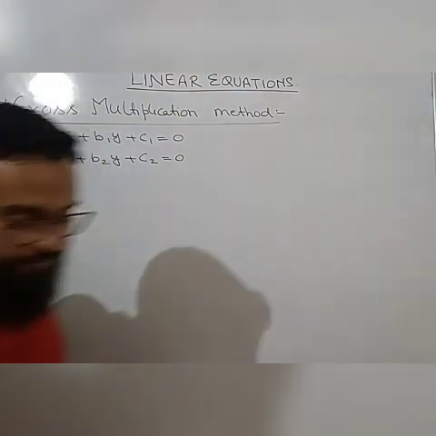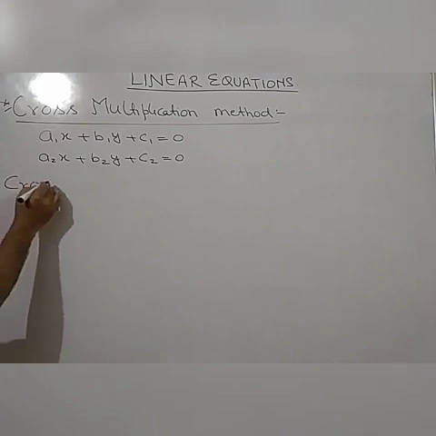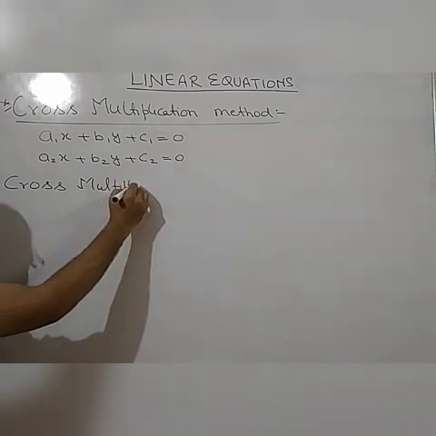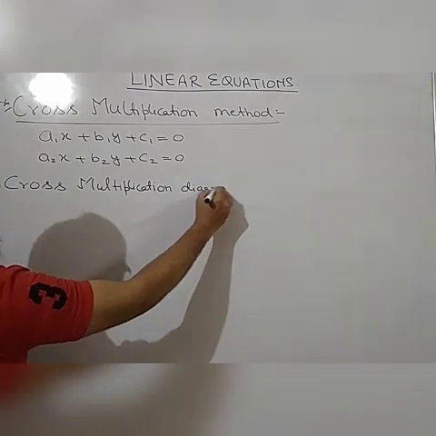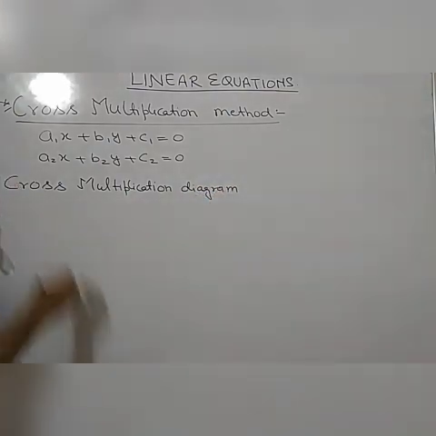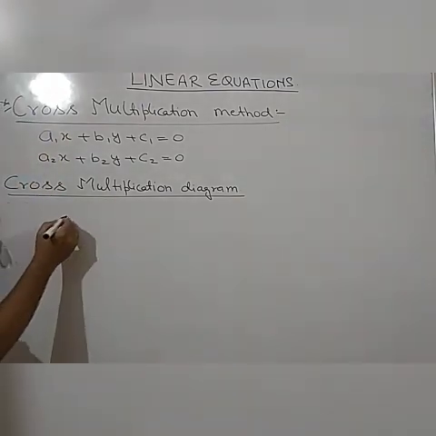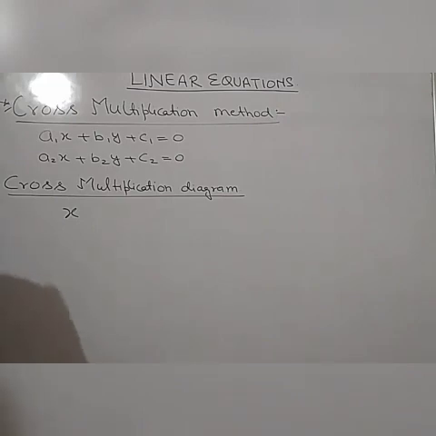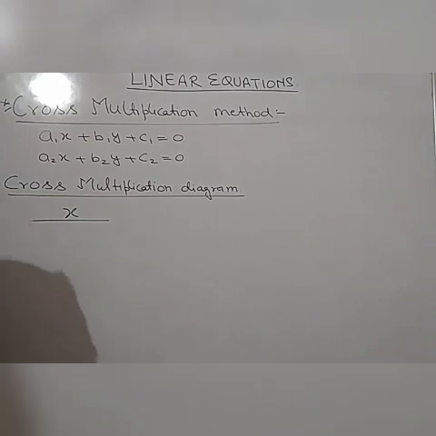Okay, so what is the method? Let us discuss it. For this method, we make a diagram. The diagram is known as the cross multiplication diagram. What is this diagram? First we will write x, the variable x. Then the sign of division, x upon.